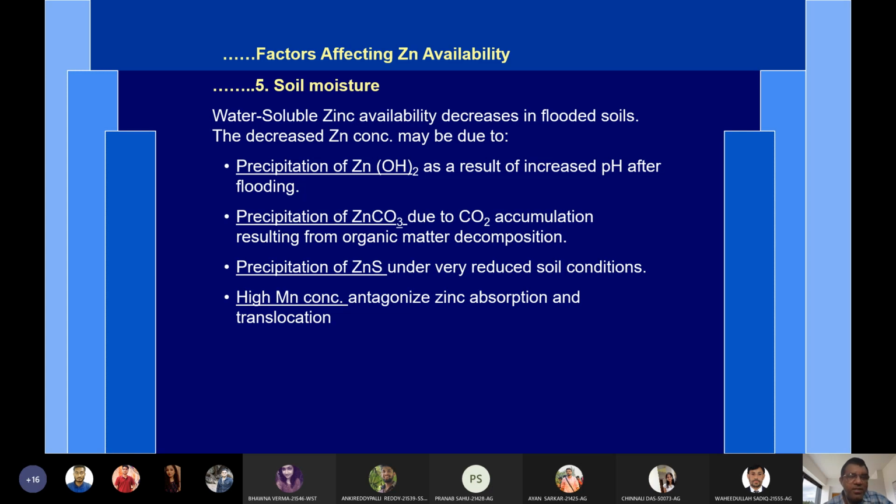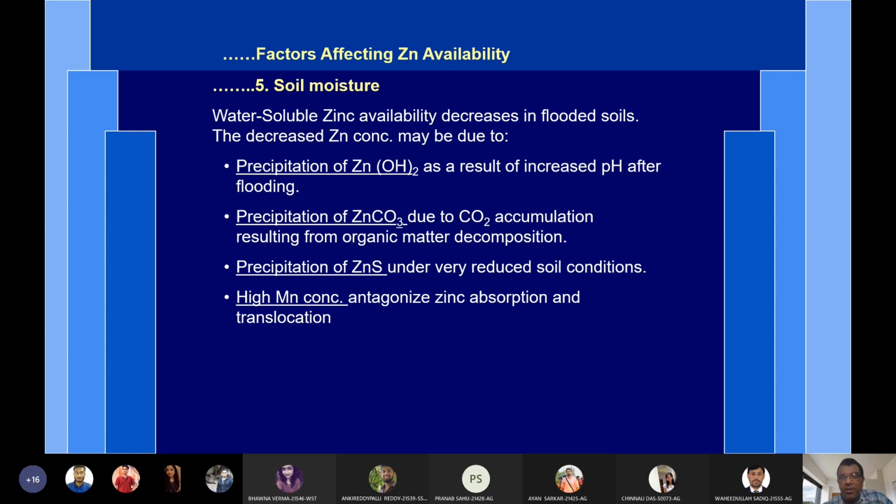The decreased zinc concentration may be due to, first thing, formation of zinc hydroxide, or precipitation of zinc as zinc hydroxide as a result of increased pH after flooding. You know, whatever pH of the soil is there, when you flood the soil, the alkaline pH will come down to neutrality and the acidic pH will increase to neutrality.